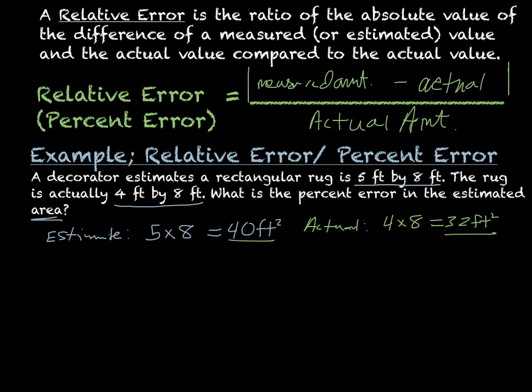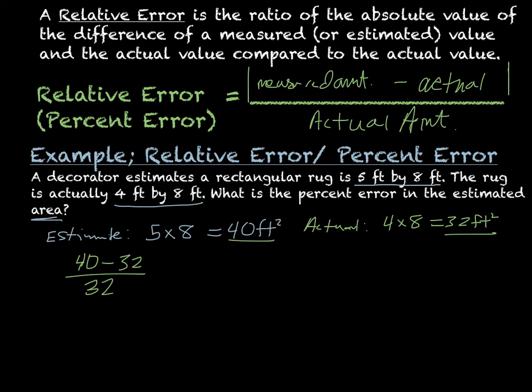So now I can take the absolute value of the measurement or the estimate, because those are the same thing, minus the actual. So I'm going to have 40 minus 32 over the actual amount, which is 32.